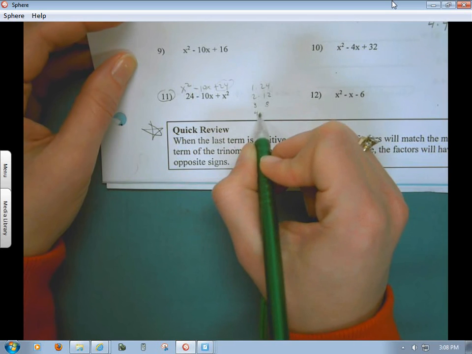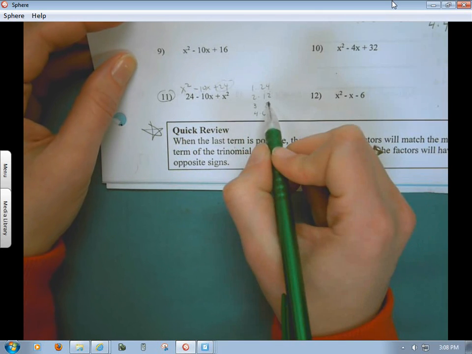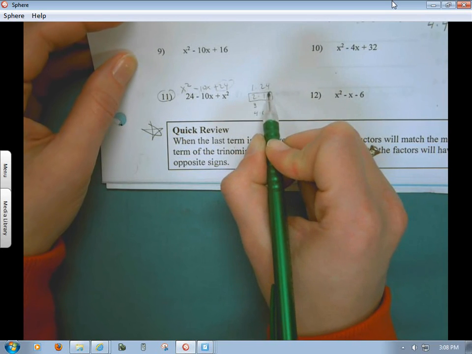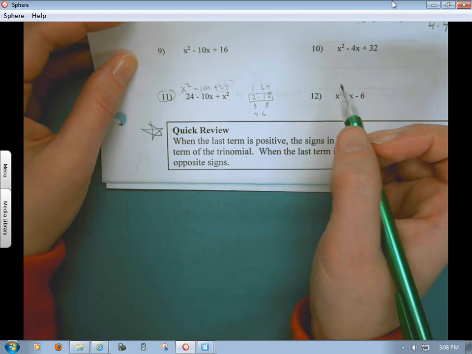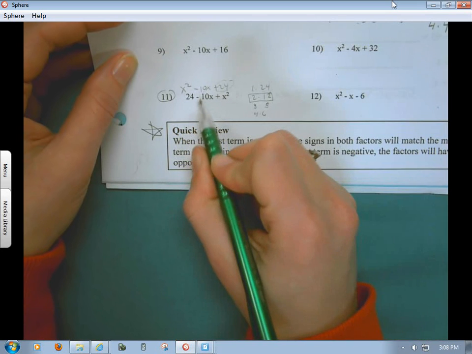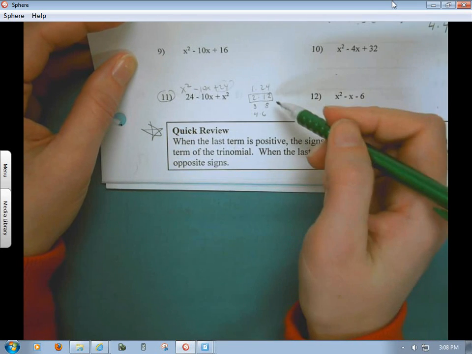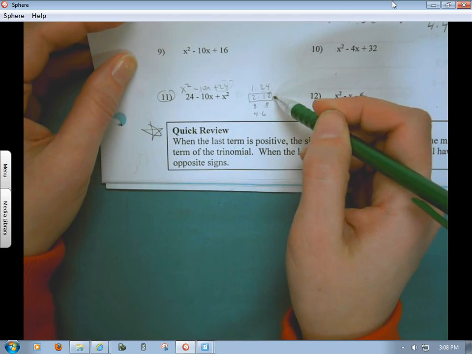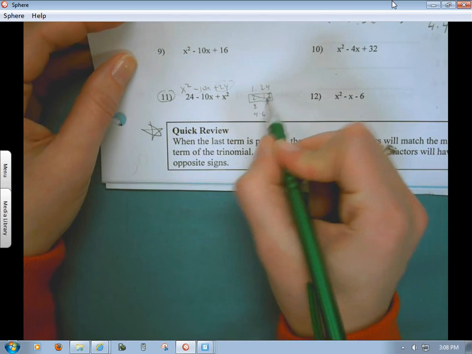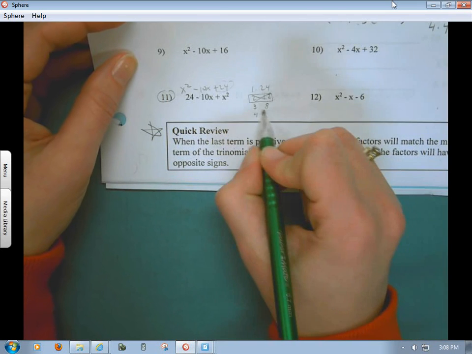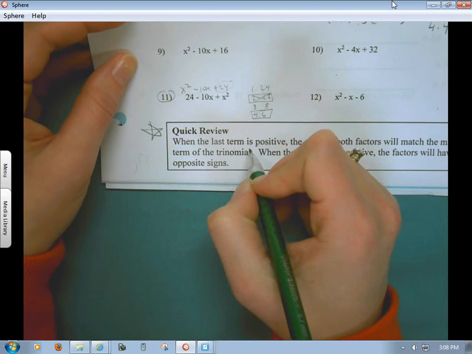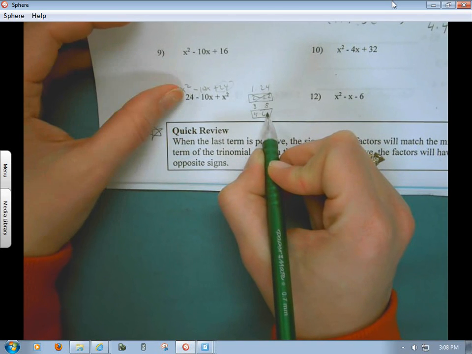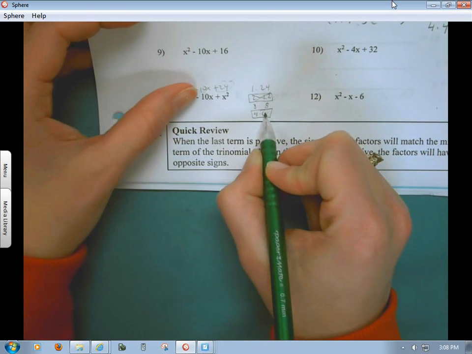And I'm looking so far. Well, we can keep going. You don't need to list them all once you find one that looks good. So I'm thinking that this looks good because I know my signs have to give me a negative. But if my signs are both negative, that's not going to work. So that doesn't look so good. This looks like it might be good. So 4 times 6 will be 24, but 4 plus 6 is positive 10.